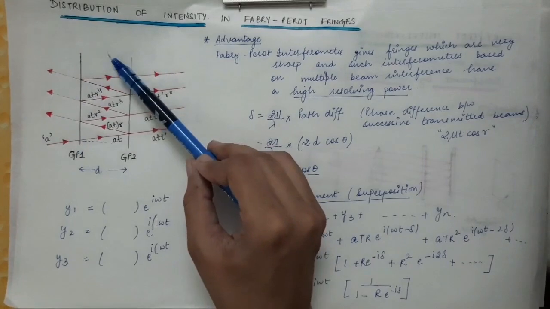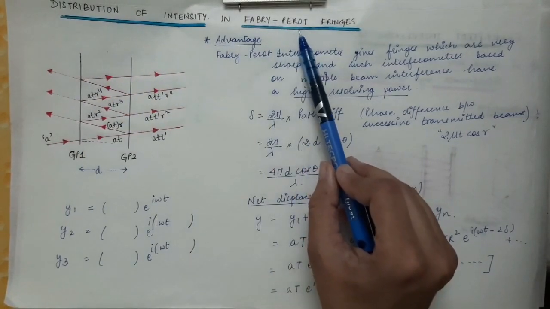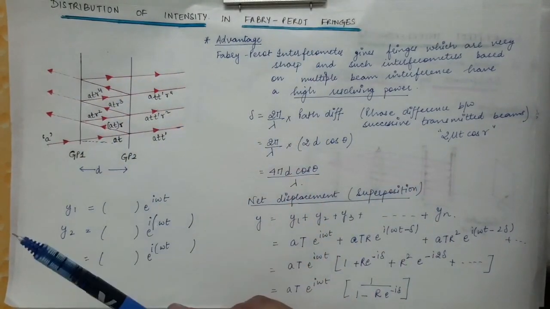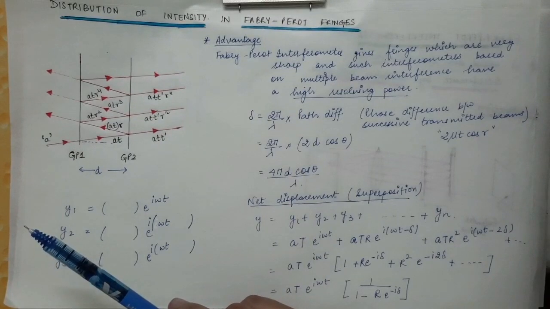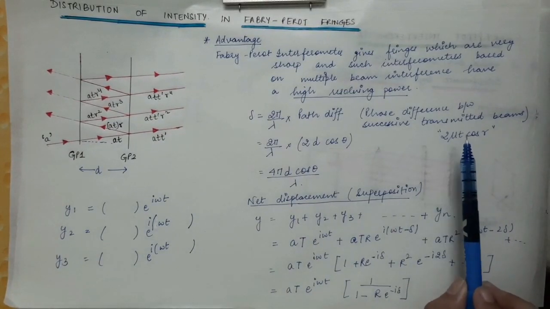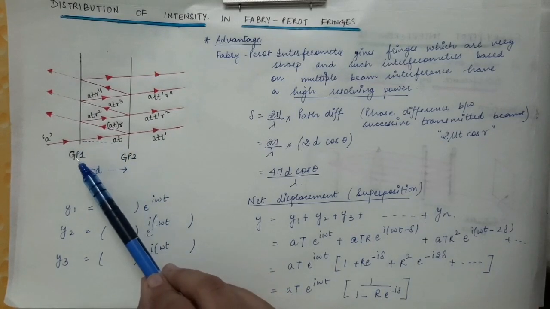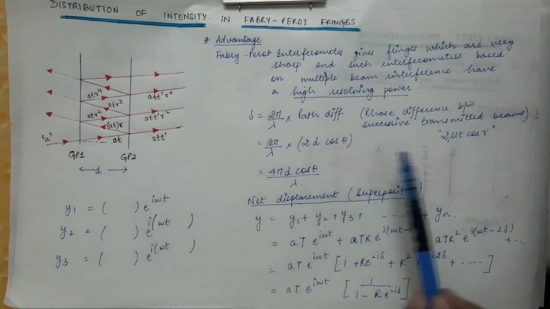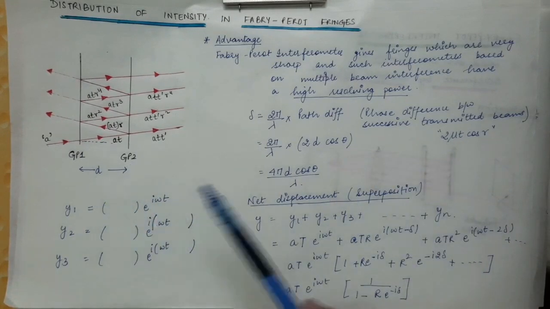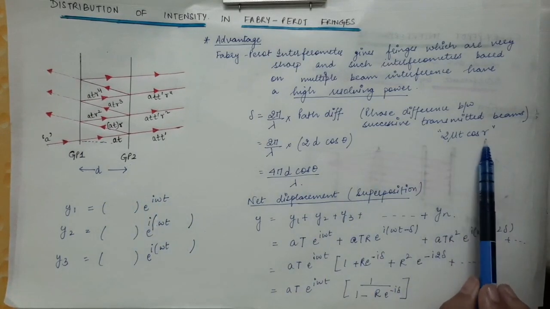But here, in the case of the Fabry-Perot interferometer, the medium inside the plates is nothing but air. So mu will be equal to 1, and t is the thickness of the film. Over here, let's say d is the distance between GP1 and GP2. So t will be equal to d in that case. And here we have cos of r, so cos of the angle.